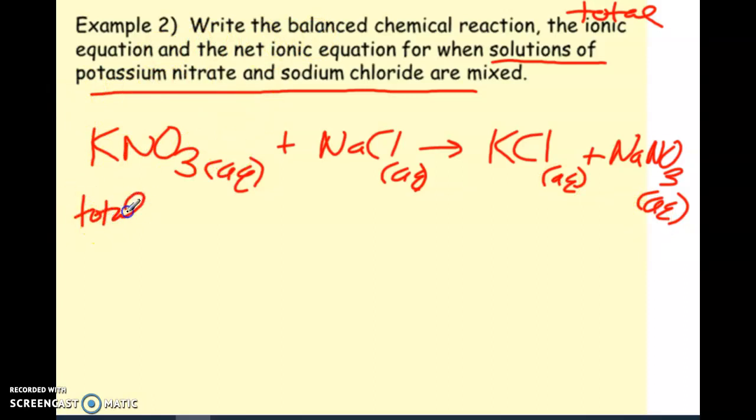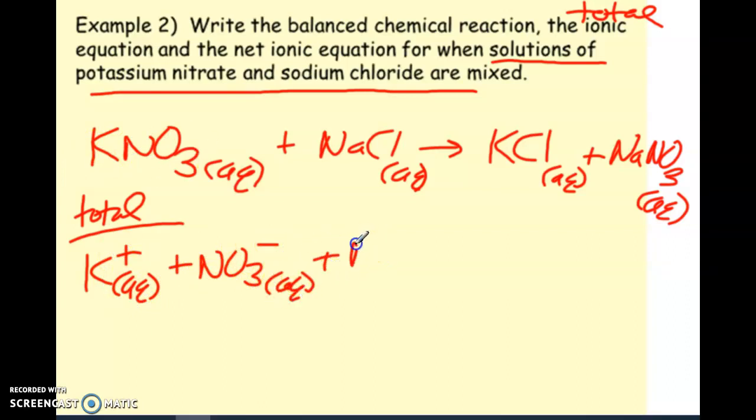So our total ionic equation, we're now going to take everything that is aqueous. Oh, and it's already balanced. Should have mentioned that. You want to make sure that they're balanced. So we're going to separate every aqueous compound here into its ions. So we have potassium ions and we have nitrate ions. We have sodium ions and we have chloride ions, arrow.